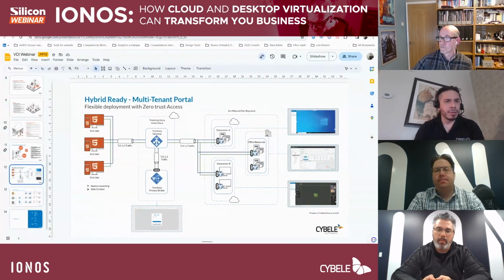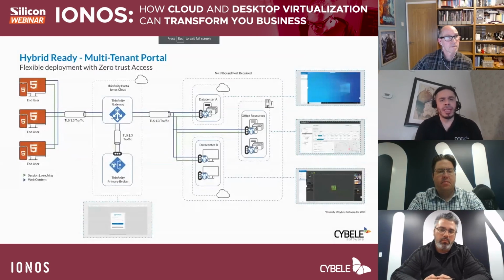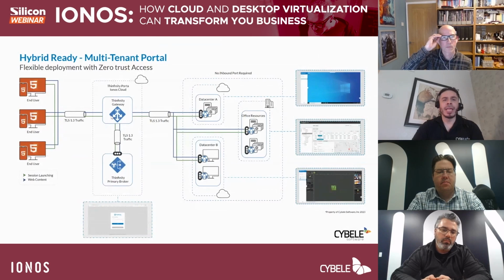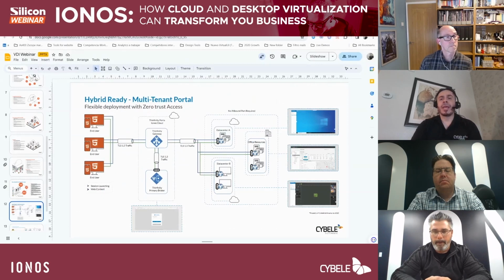And I can go to a diagram here that explains a bit the idea. Basically, leveraging the Infinity portal, which is living on the IONOS cloud, you can have access to all of the resources in multi or hybrid clouds without leaving the Infinity portal. So you can provision your machines in IONOS, data center A, but you can also have resources in data center B, which could be a co-location, a private cloud, or any other major cloud.